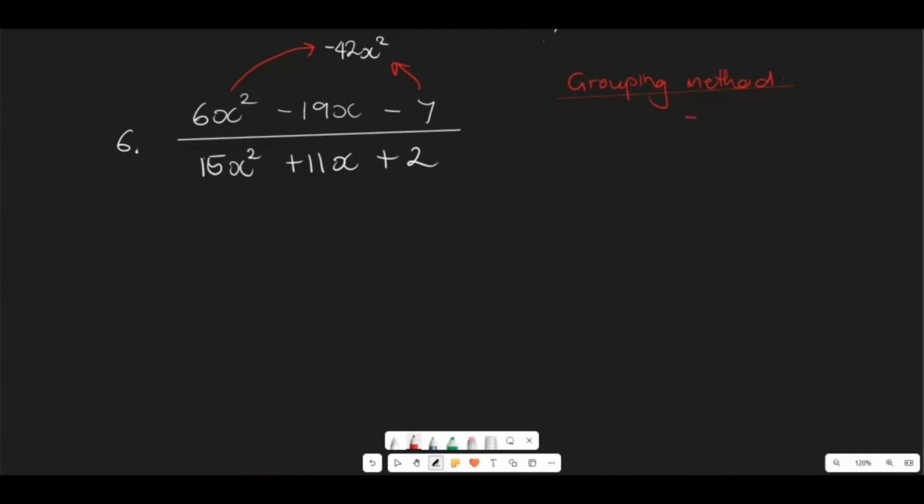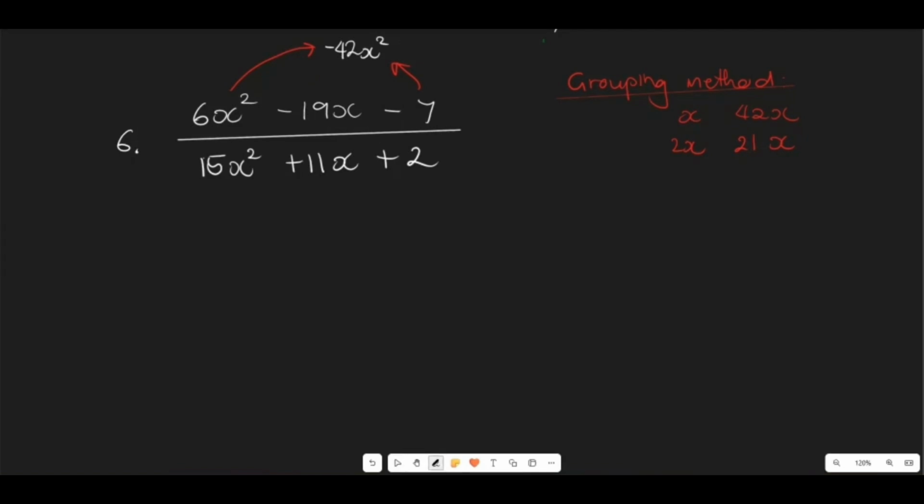So we can say x multiplied by 42x. That's going to give us that 42x squared, right? Let's leave that negative symbol as of now. We can say 2x multiplied by 21x, all right? And it seems like we can use this one to get to our negative 19x.